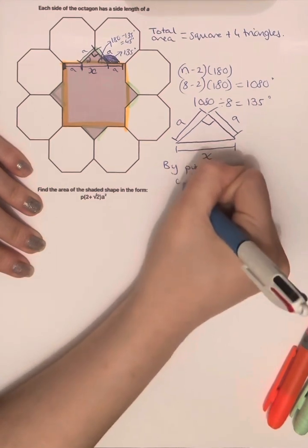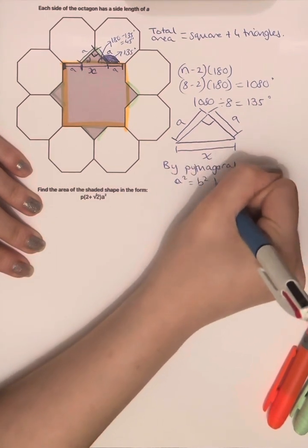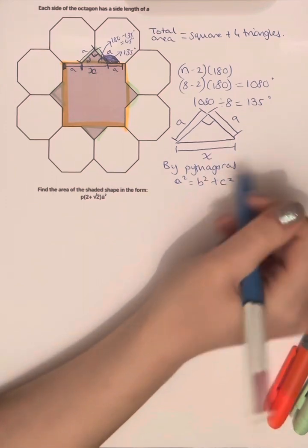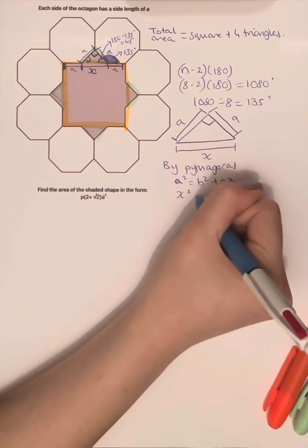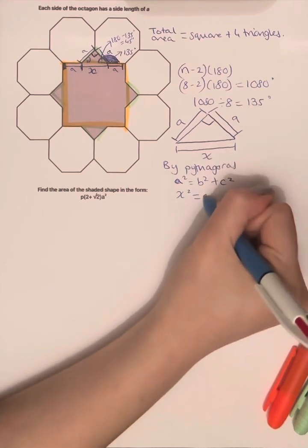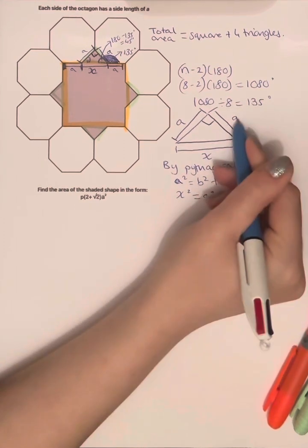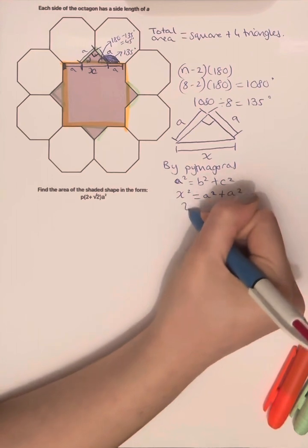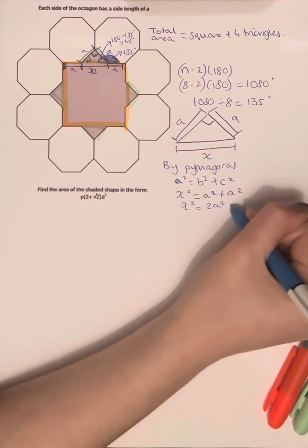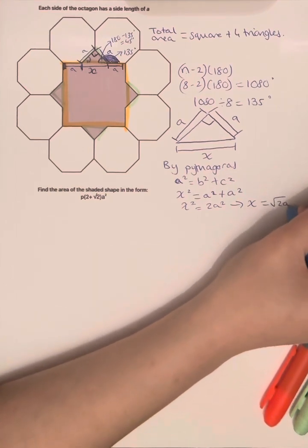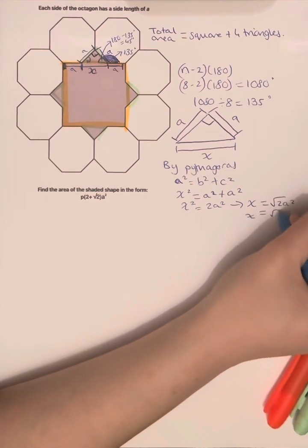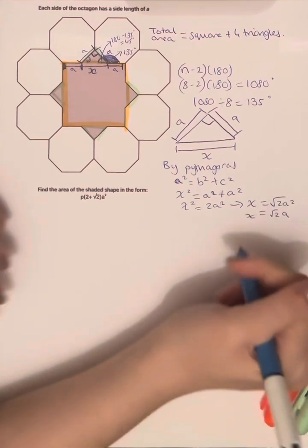By Pythagoras, a squared equals b squared plus c squared. So our hypotenuse squared, x squared, equals a squared plus a squared. So x squared equals 2a squared. This gives us x equals the square root of 2a squared, which tidies up to root 2 a.